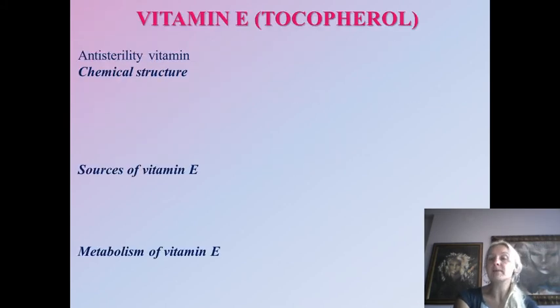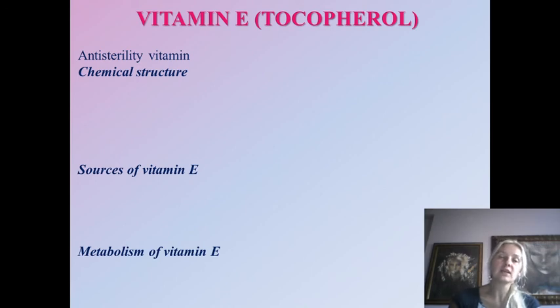Moving on to vitamin E, almost approaching the end, so the last but not the least, vitamin E or tocopherol is also known by its name anti-sterility vitamin. It has a very typical structure, which I'm gonna show you on the slide which follows this one.